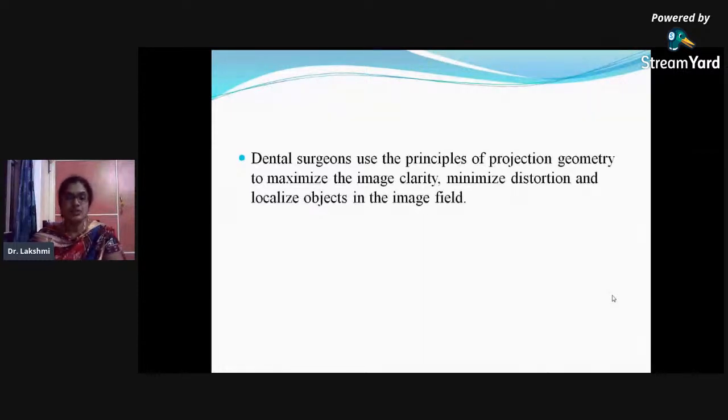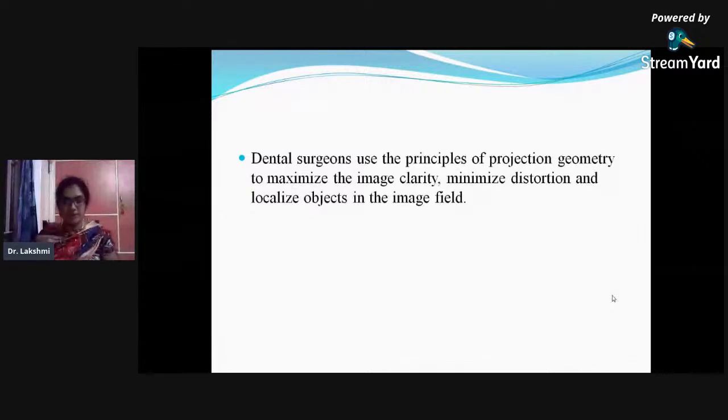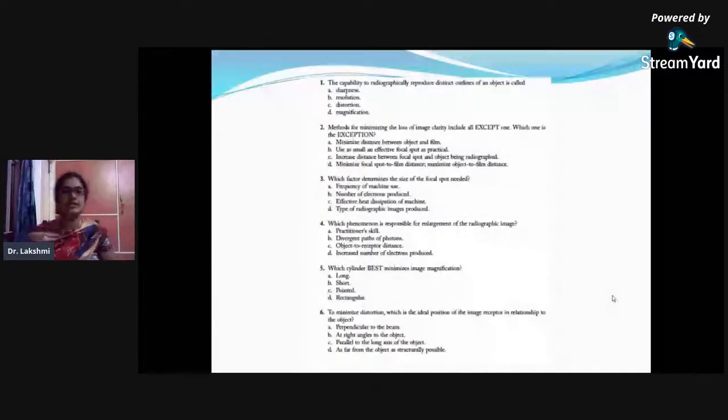Okay, so let us discuss the MCQs one by one for this particular topic. Coming to MCQs, the first question: the capability to radiographically produce distinct outlines of an object is called as option A, that is sharpness. Second question: methods for minimizing the loss of image clarity include all except one.